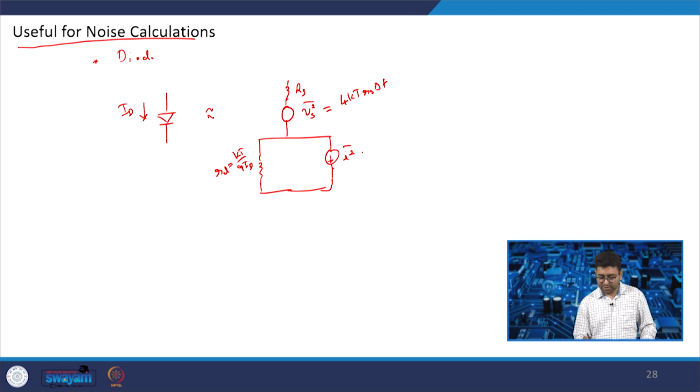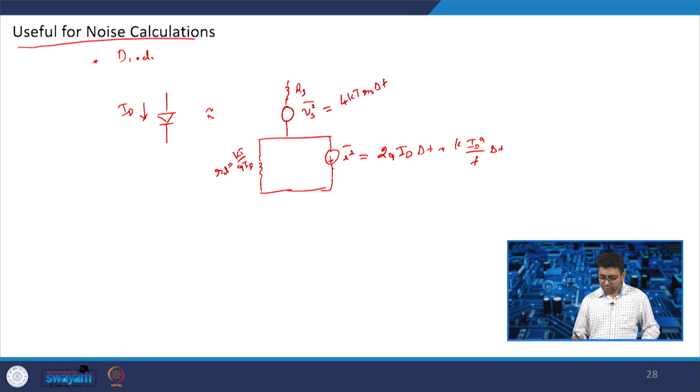I square we can also write as 2q Id delta f, plus there is a flicker noise that we should consider, that is K into Id to the power a by f to the power b, into delta f.